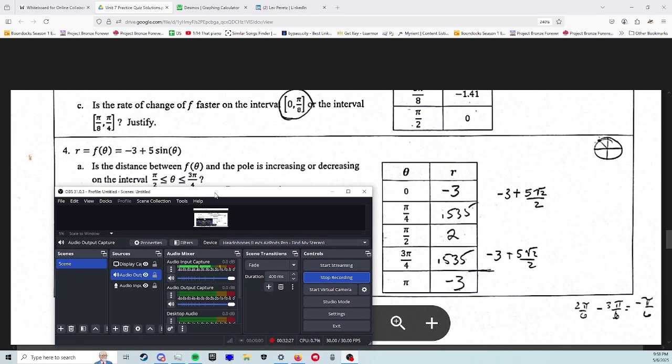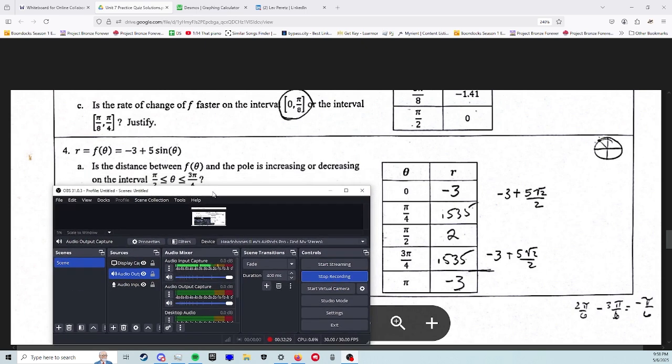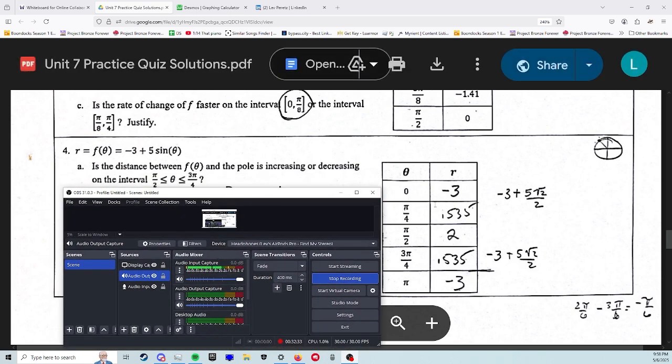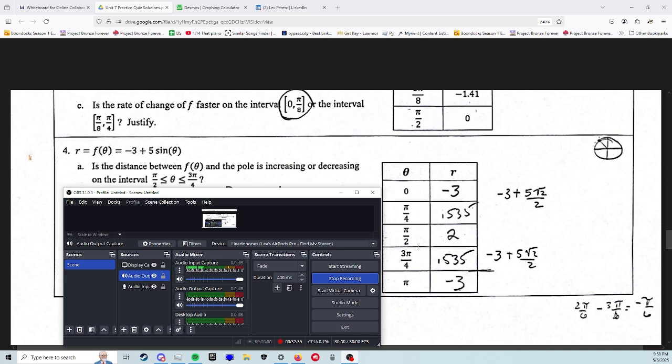Okay, is the distance between f theta and the pole increasing or decreasing on the interval pi over 2 through 3 pi over 4?